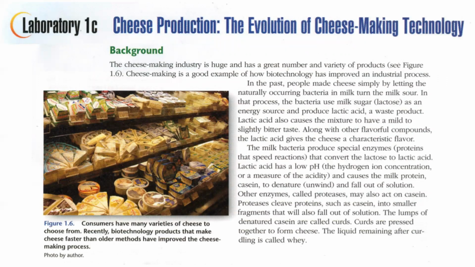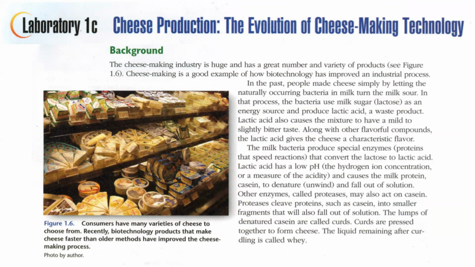Cheese making is a good example of how biotechnology has improved an industrial process. In the past, people made cheese simply by letting the naturally occurring bacteria in milk turn the milk sour. In that process, the bacteria use milk sugar, lactose, as an energy source and produce lactic acid, a waste product. Lactic acid also causes the mixture to have a mild to slightly bitter taste.